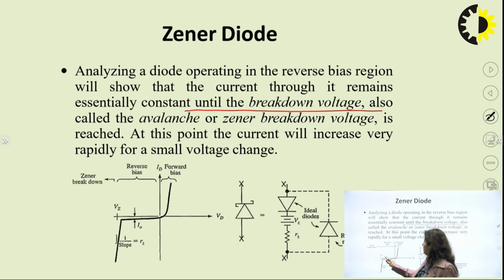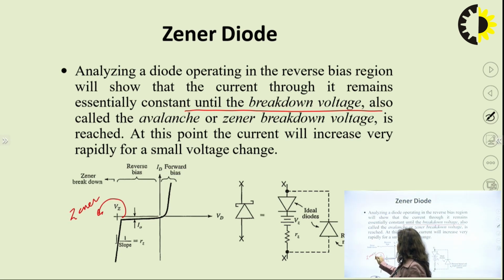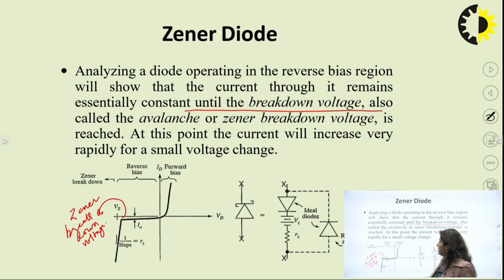This particular point represented here is your Zener breakdown voltage, and this particular I0 will give you an idea of how much minority current will flow when we do the reverse biasing in the case of the Zener diode.